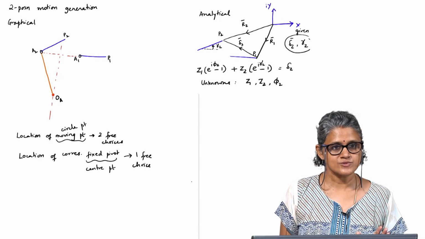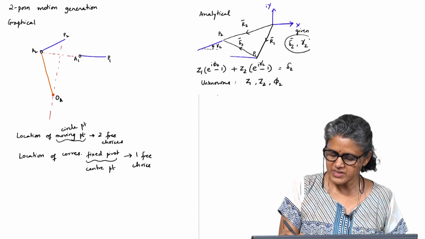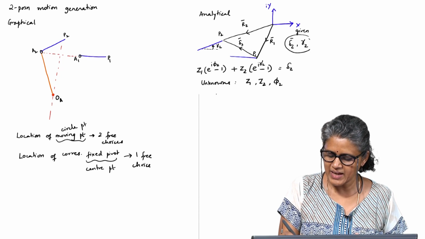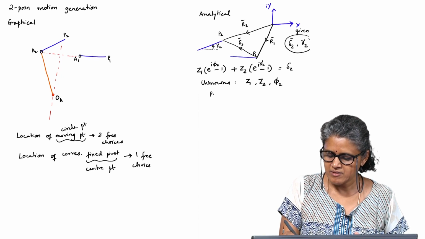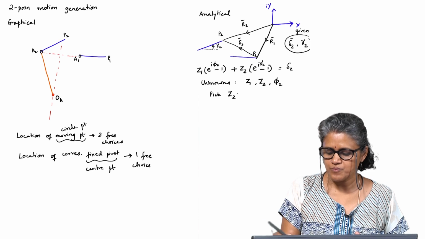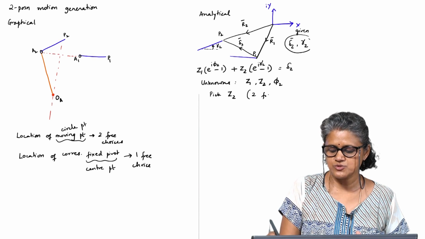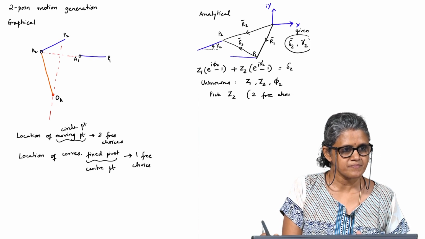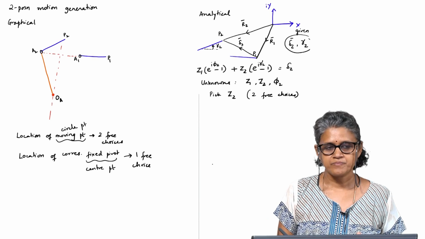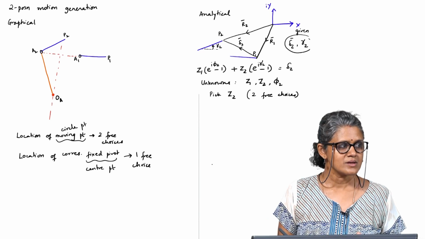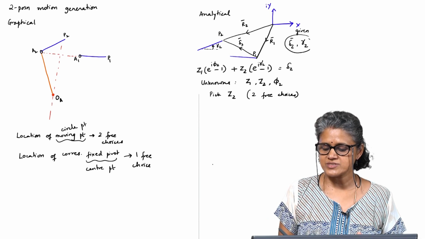Those are my unknowns. Here what I do is I solve for, say I pick Z2, that becomes 2 free choices, scalars. 2 free choices.